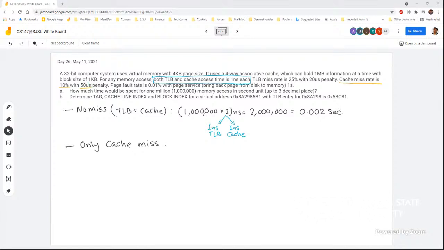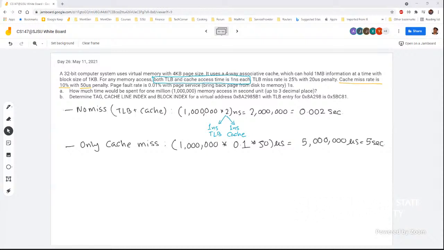So that means we have 1 million accesses multiplied by 0.1, 10%, multiplied by 50 microseconds. So this is about 5 million microseconds, which is 5 seconds.